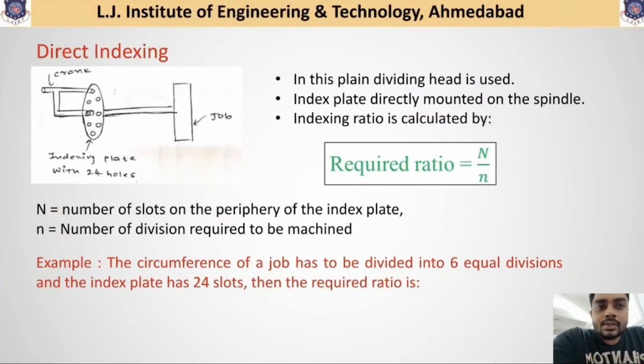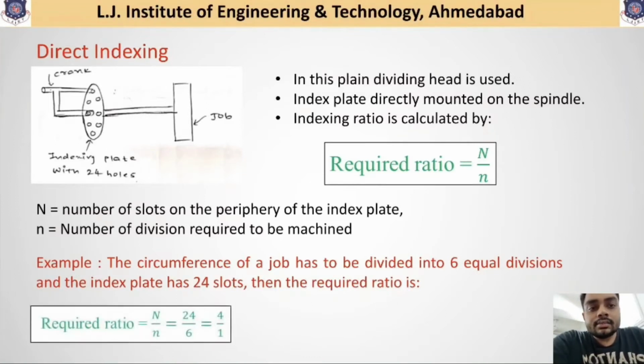What is capital N? Capital N is the number of slots on the periphery of the index plate, so capital N equals 24. Similarly, the number of divisions required on the workpiece is 6 equal divisions, so small n equals 6. Putting these values in the equation, the required ratio equals 24 divided by 6, which gives 4 divided by 1.